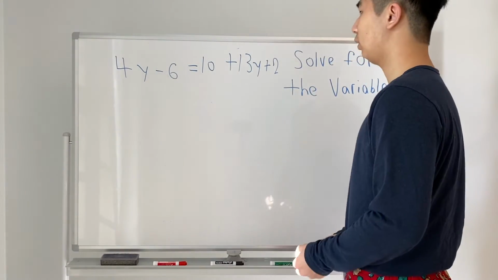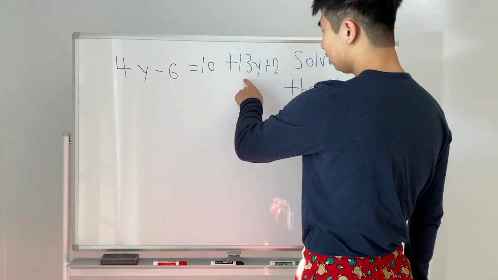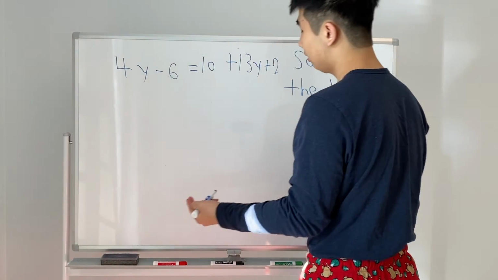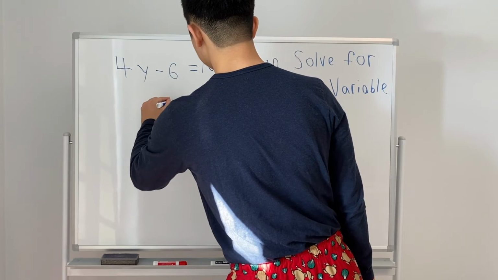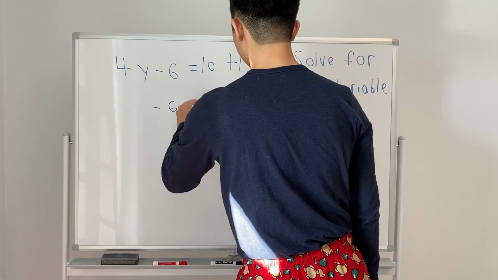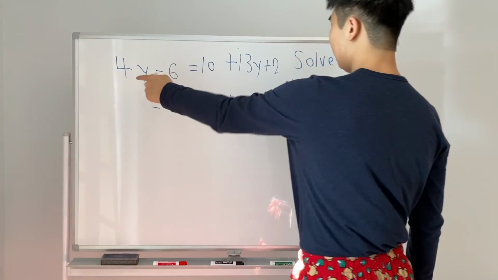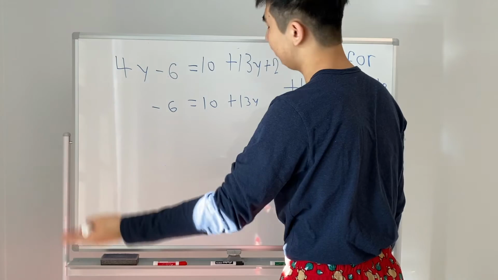So what I'm going to do here is, I'm going to get this 4y to the right side. So I'm going to subtract 4y. So I'm not going to write that out, but I just know that I'm subtracting 4y. So this is negative 6 equals 10 plus 13y. And I'm subtracting 4y on this side. I did that in my head, and that's what you're all going to do eventually.